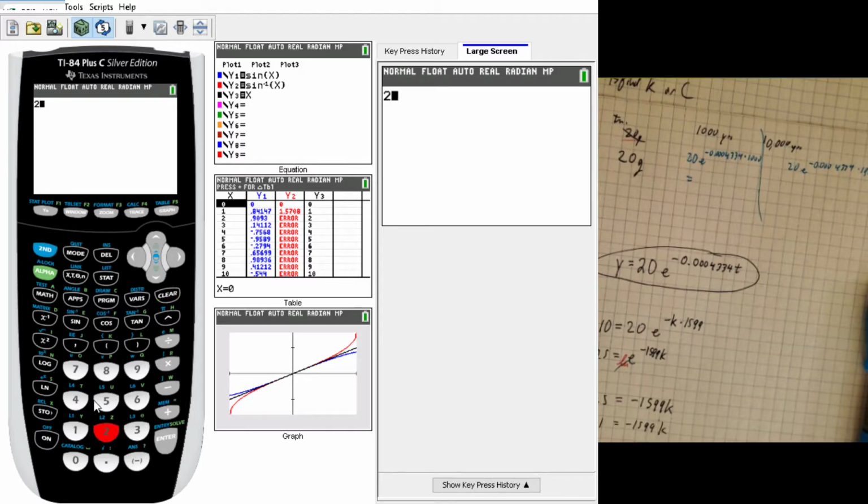So I do 20 e, my e button on here is right there. E to the negative 0.0004334 times 1,000.